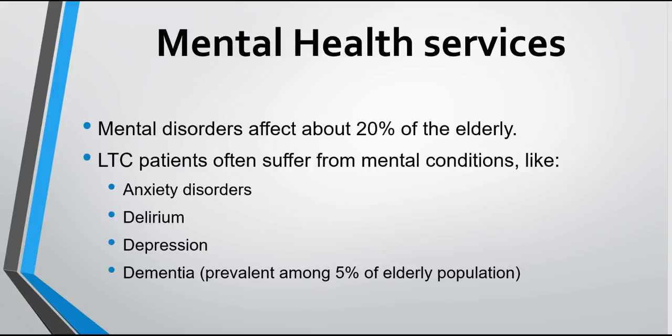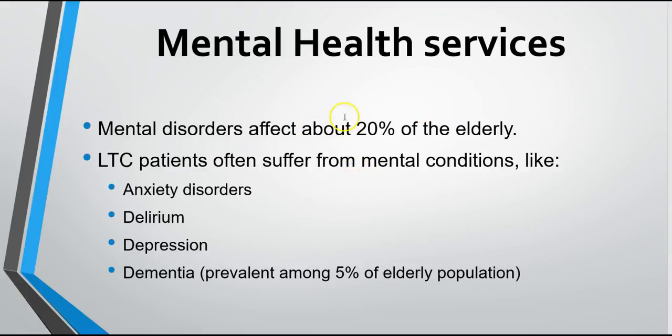So elderly people with mental disorders are less likely than younger adults to be diagnosed and to receive needed mental health care. Dementia is also prevalent among the elderly, many of whom are institutionalized. So again, you have a lot of long-term patients that suffer from mental conditions.